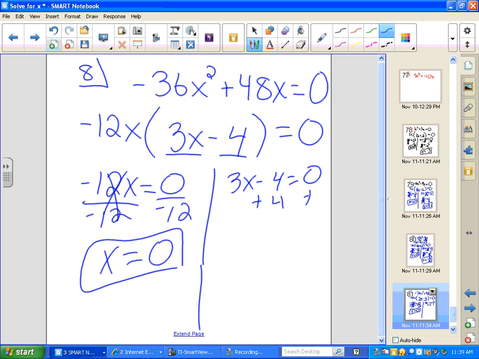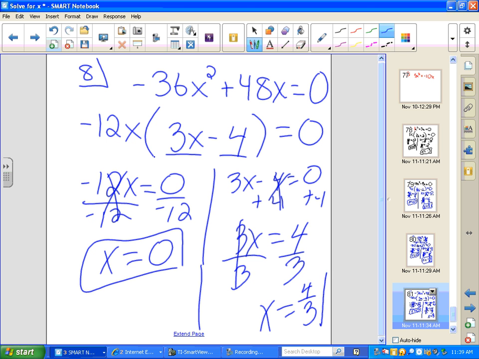Add 4 to both sides. You get 3x equals 4. Get rid of the 3. Divide both sides by 3. 4 over 3 cannot be simplified any further, so the fraction answer for this is 4/3. Questions on that one? Thumbs up, thumbs middle, thumbs down on all these types of problems.